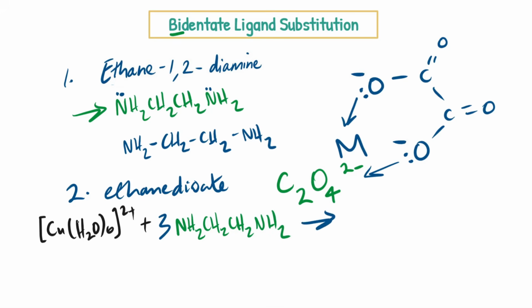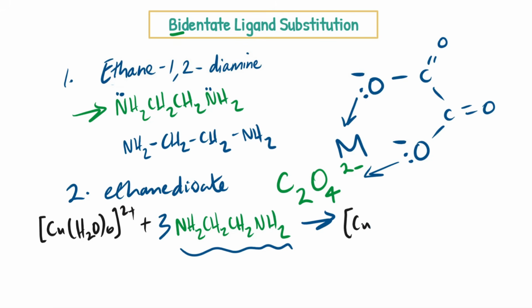And then this is going to form our new complex, okay? What is our complex going to be? You literally just have to change the water inside this bracket with this right here and change the 6 to a 3. Charge stays exactly the same in this instance because this bidentate ligand is neutral. So let's draw that out.